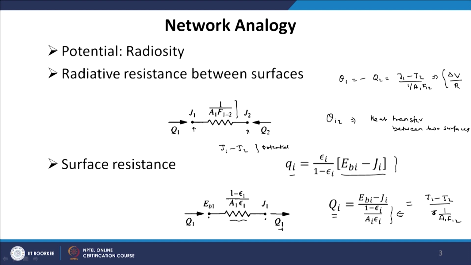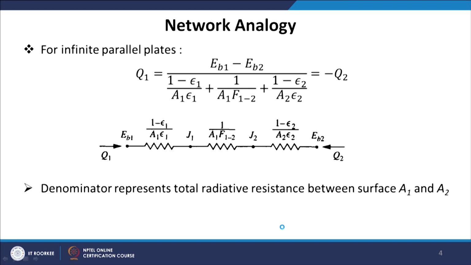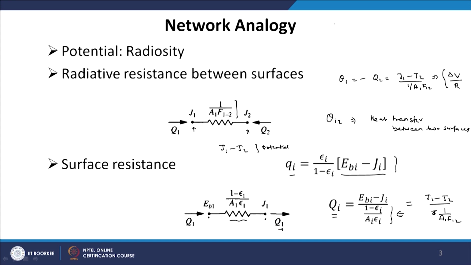We can combine these two resistances into a single network like this. So, we have EB1 followed by a resistance of (1 minus epsilon 1) upon A1 epsilon 1, then we have J1, and then the radiative resistance of 1 upon A1 F12, and we get to J2, and then again we have EB2, with the resistance (1 minus epsilon 2) upon A2 epsilon 2.